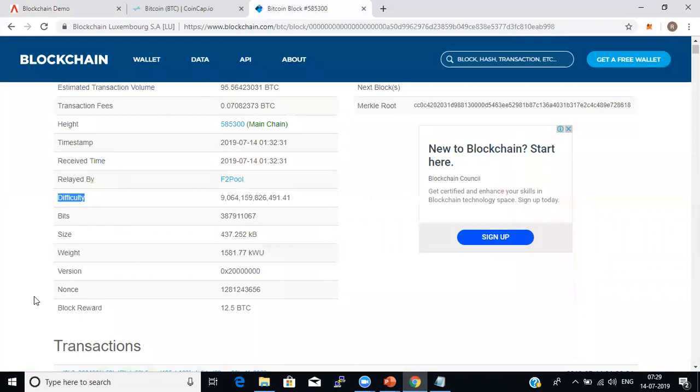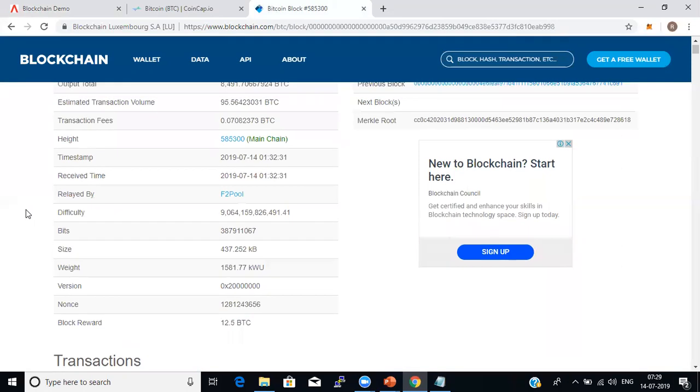This block was newly created by some peer in the network. There are about 35,000 peers in the network of Bitcoin across the globe, and at any point of time, a block will be created by one particular miner only.